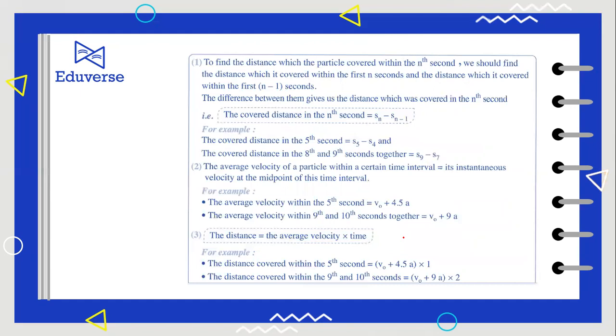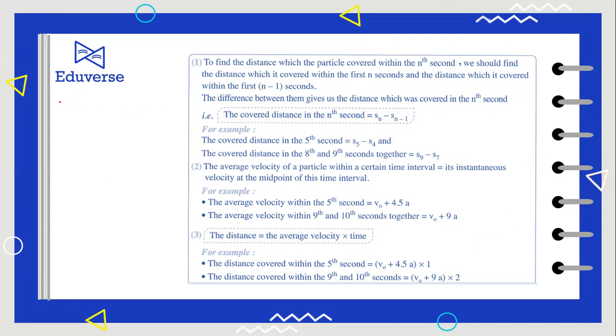I have another remark. It's important to find the distance which a particle covered within n seconds. We should find the distance which it covered within the first n seconds and the distance which it covered within the first n minus 1 seconds. What does it mean?